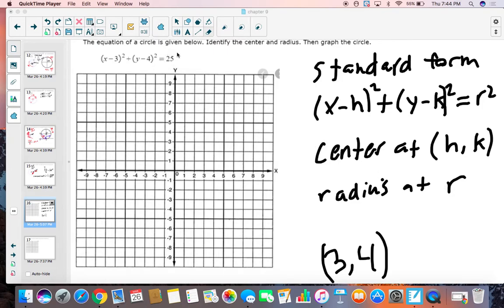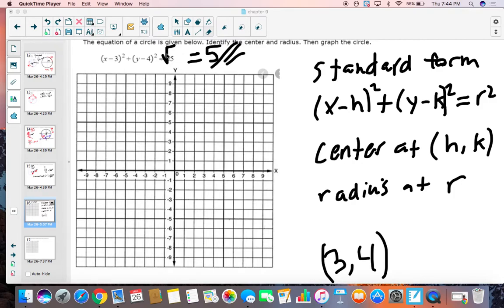We're given r squared, so if we take the square root of 25, the square root of 25 is equal to 5. So the radius of our circle is 5.